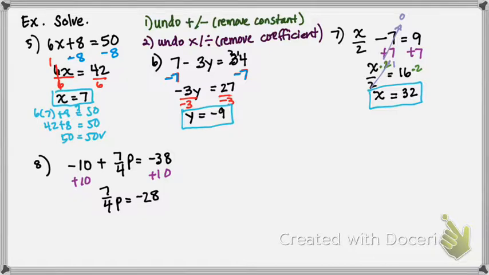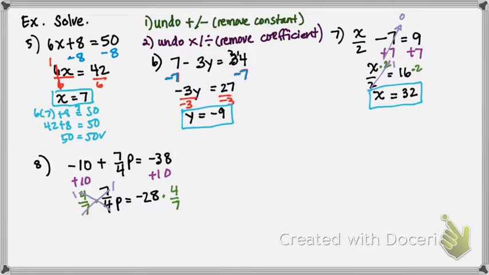I could multiply both sides by the denominator and then divide by the numerator. But if I multiply both sides by the reciprocal of the coefficient, it's going to completely remove it. 4 divided by 4 is 1, 7 divided by 7 is 1. Bam, in 1 step, gone.